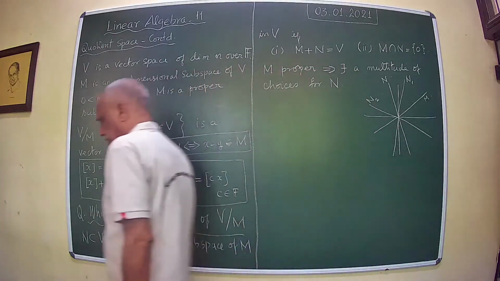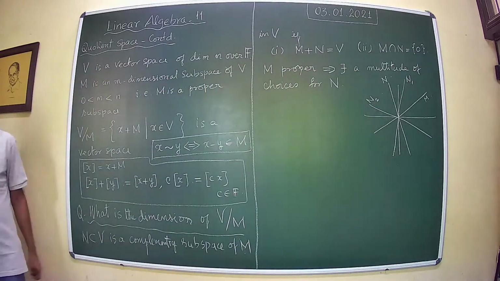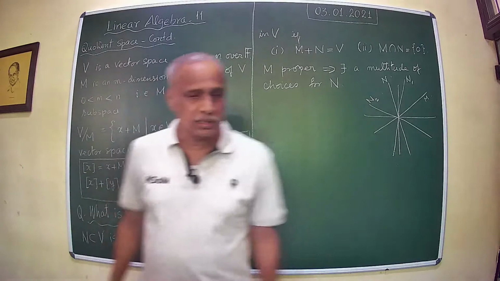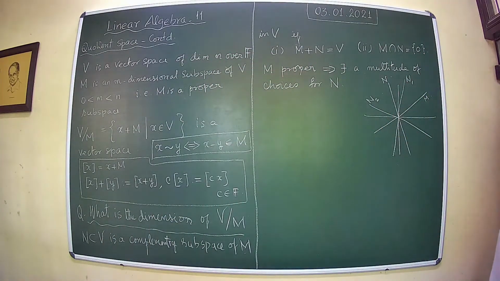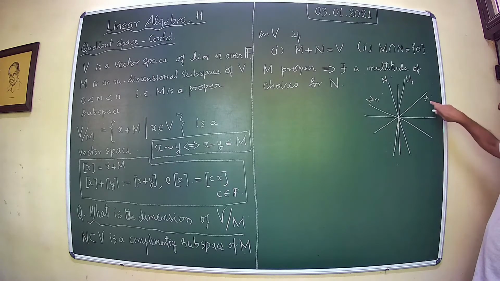Now that is the point. But one thing from this example that you observe is that here N, N1, N2 all have the same dimension, although these subspaces are different.